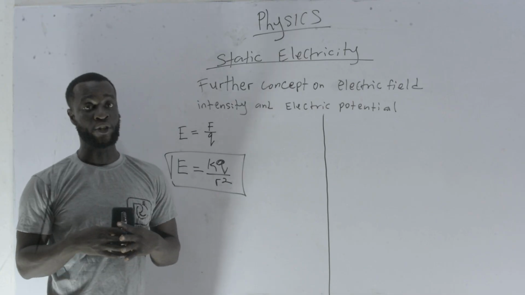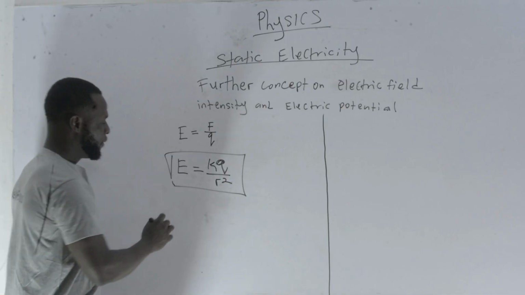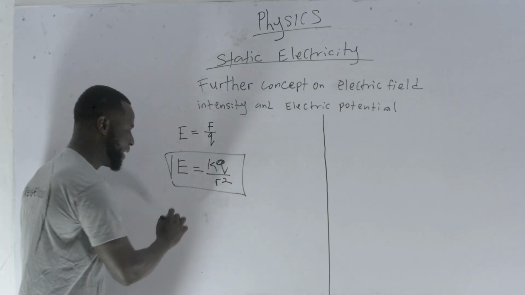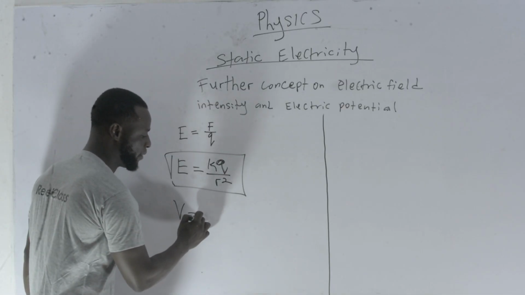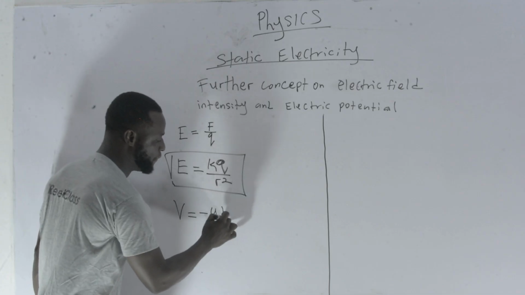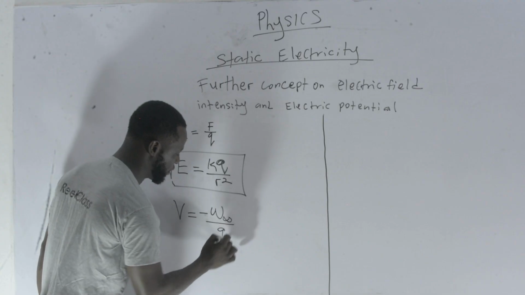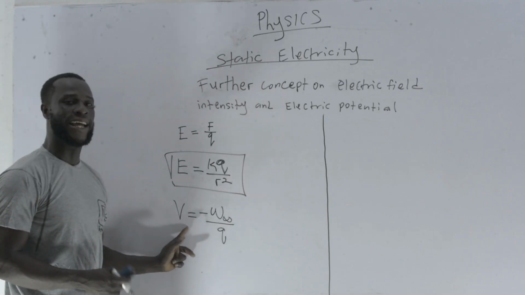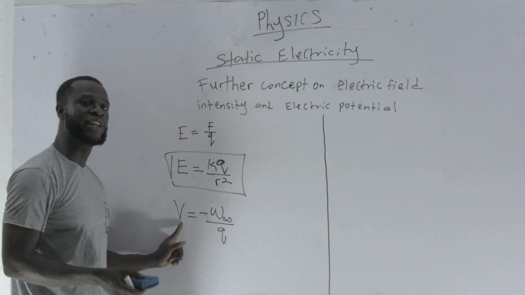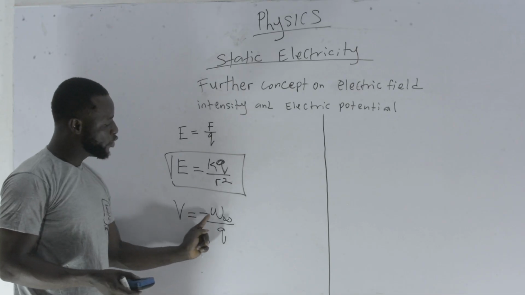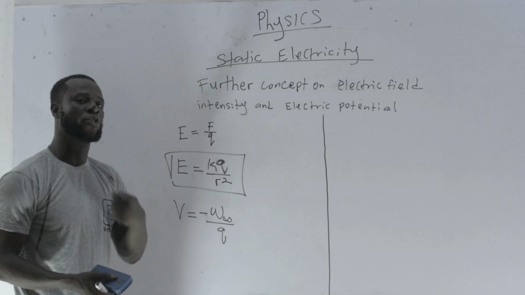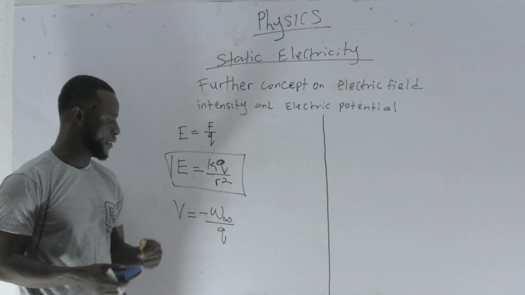That's electric field potential. The symbol we use for electric field potential is V, and it can be written as minus W infinity divided by charge. This is just a mathematical expression for electric field potential, where this W infinity represents the work done bringing the charge from infinity to that point.